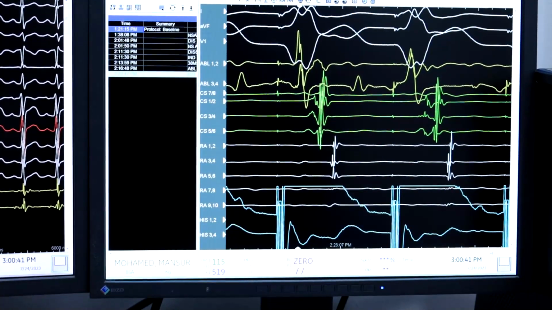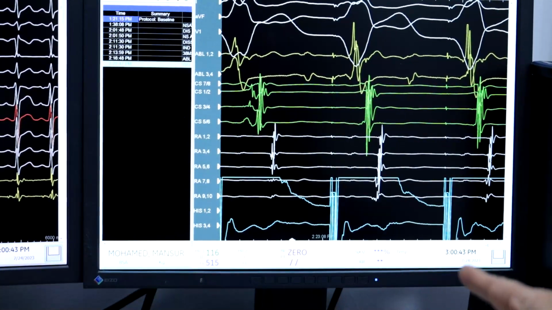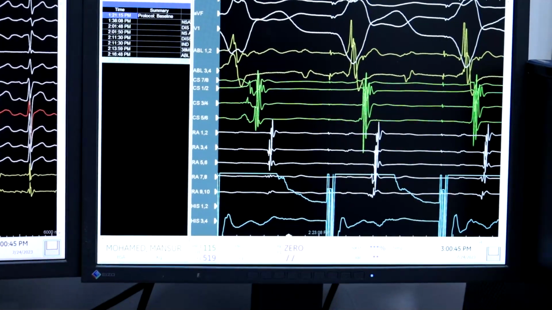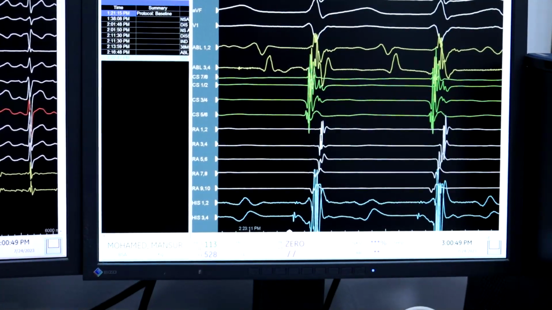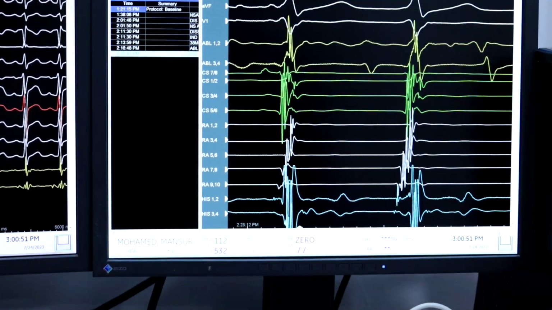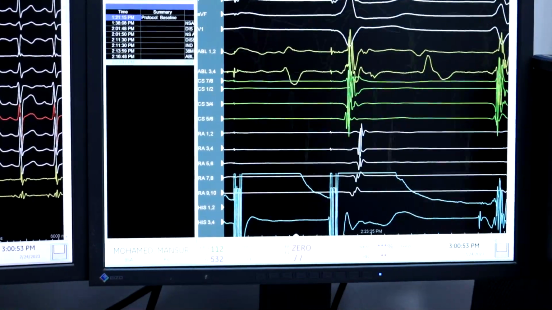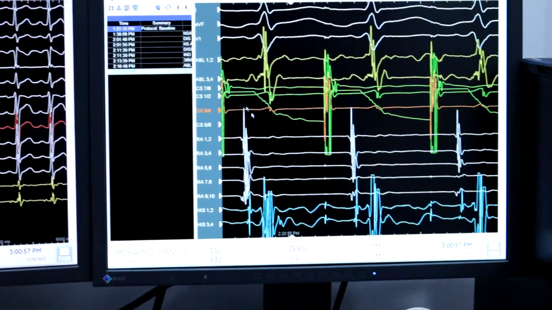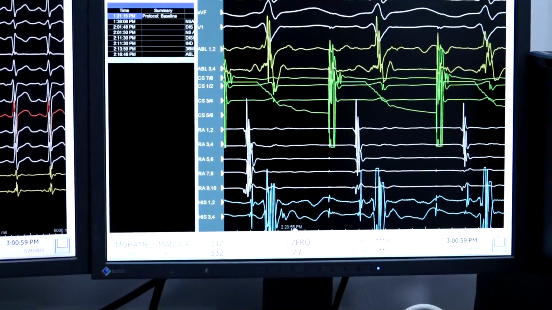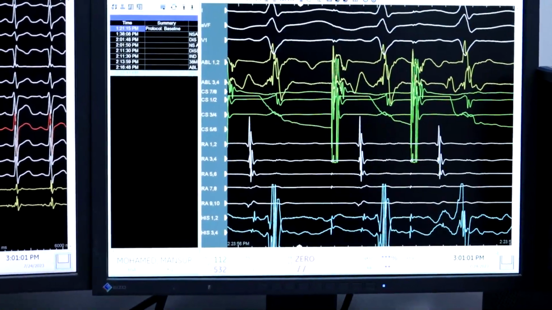Then we did V pacing, and in V pacing we showed the retrograde AV node. After the adrenaline effect, the junctional rhythm stayed some time because of the isoprenaline. After the effect of isoprenaline, we repeated the study. We could not induce tachycardia.